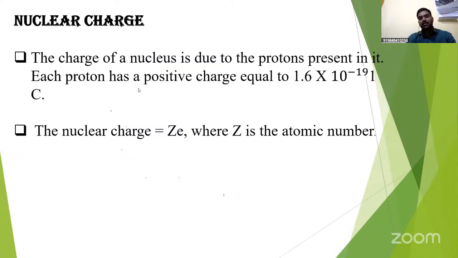Each proton has a positive charge equal to 1.6 into 10 power minus 19 coulombs. The nuclear charge is equal to Ze, where Z is the atomic number.